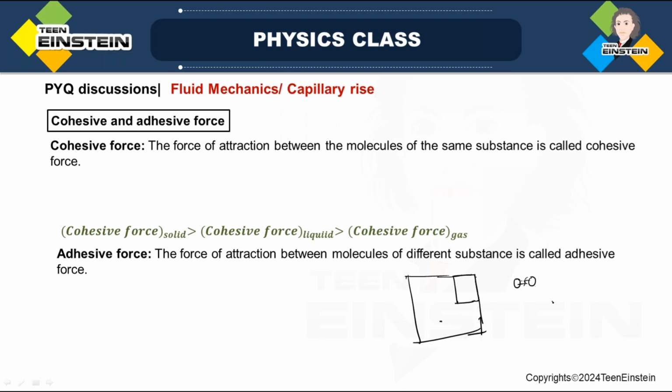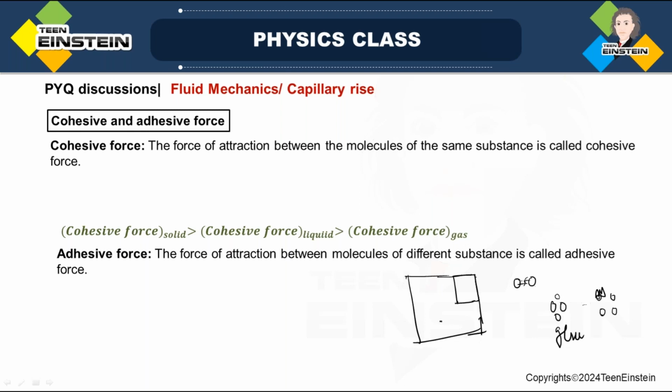See, the glue itself has molecules and forces. This force is actually cohesive force. The surfaces have their own molecules, and the force between their own molecules is cohesive force. But when we apply the glue, there is a force. So suppose this is glue or gum, and this is the molecules of the page or the photo. So this is a different molecule.